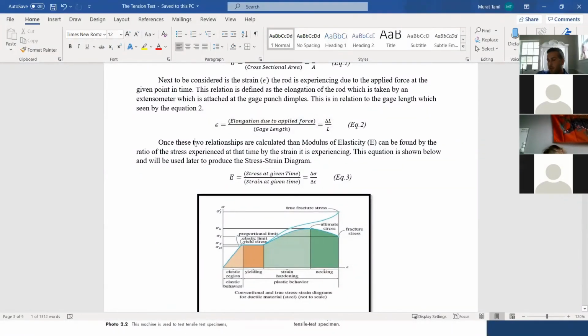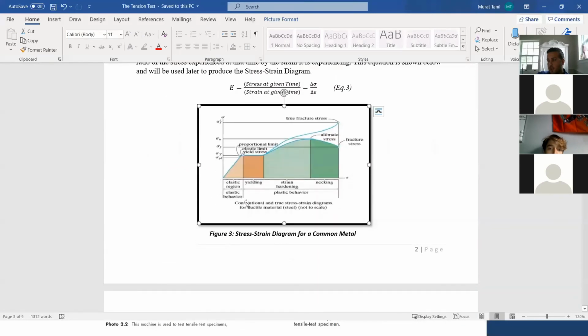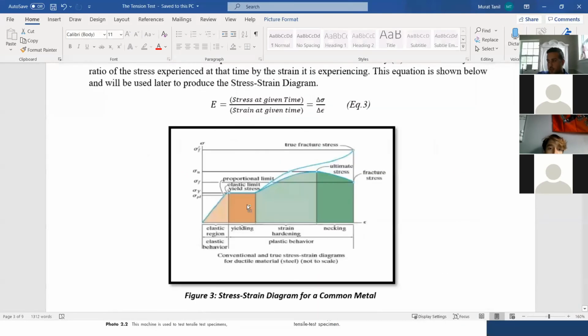So you should also calculate the modulus of elasticity. It can be found by the ratio of the stress experienced at that time to the strain experienced. You can look at this graph. It is easy to read.